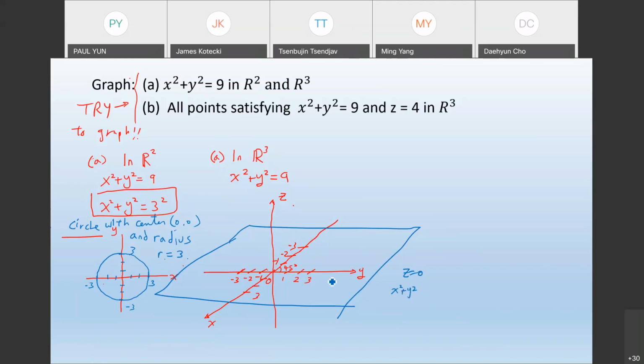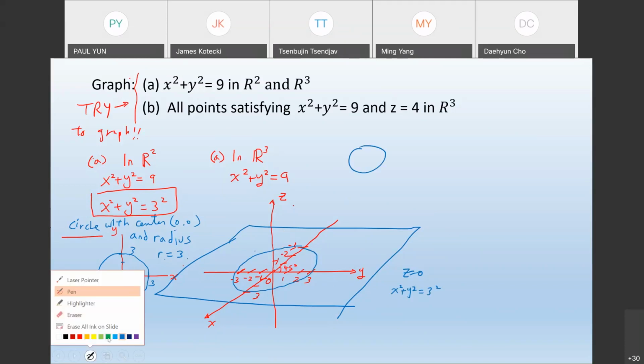Okay. It is circular. So to create this effect, I don't think you want to draw a circle. It's not quite right, right? So maybe you draw something like this, something like this.